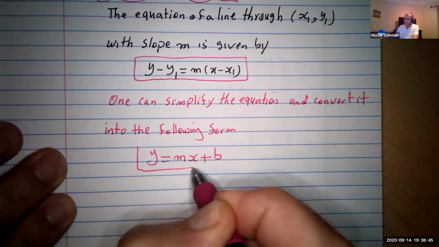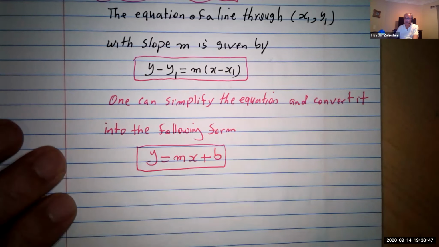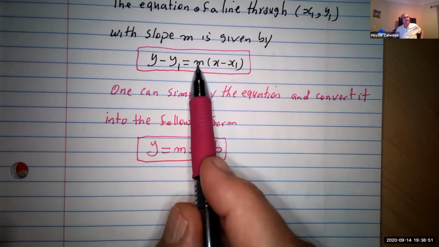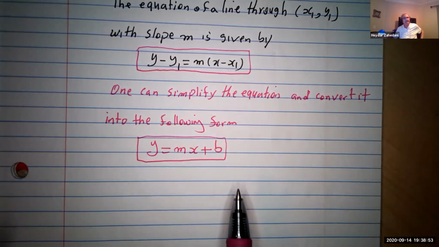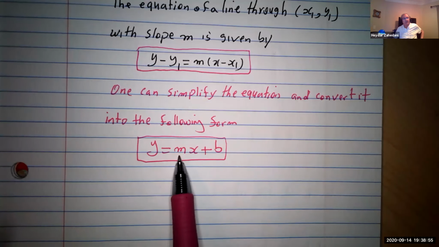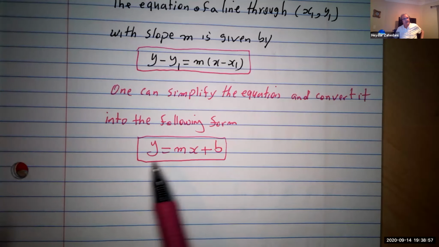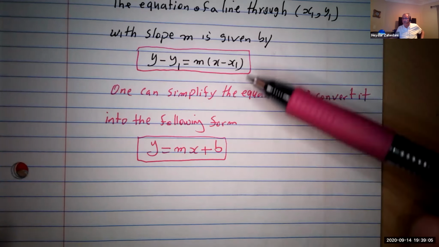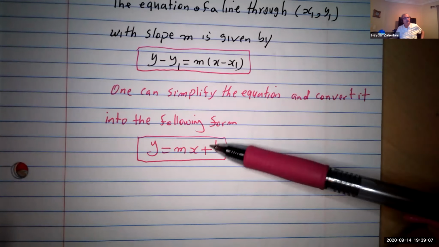You're not interested in the names, but this is called the point-slope equation of the line, and this is called the slope-intercept equation of the line. As far as we are concerned, it's just the equation of the line. Anytime you use this formula, you have to solve it for y.